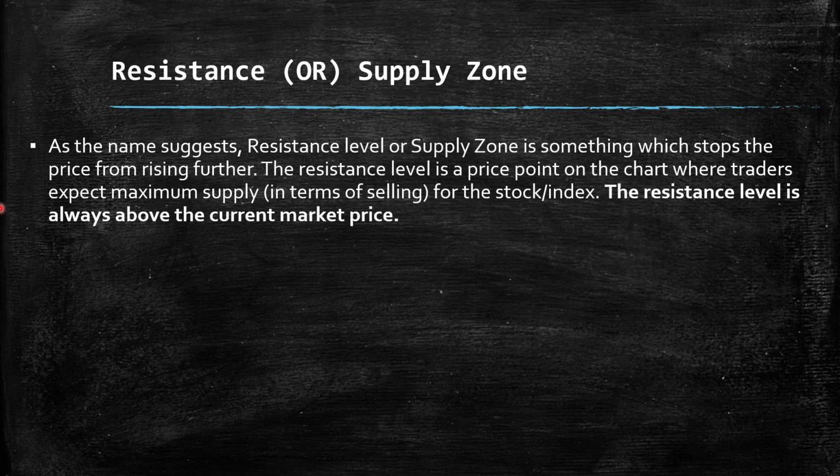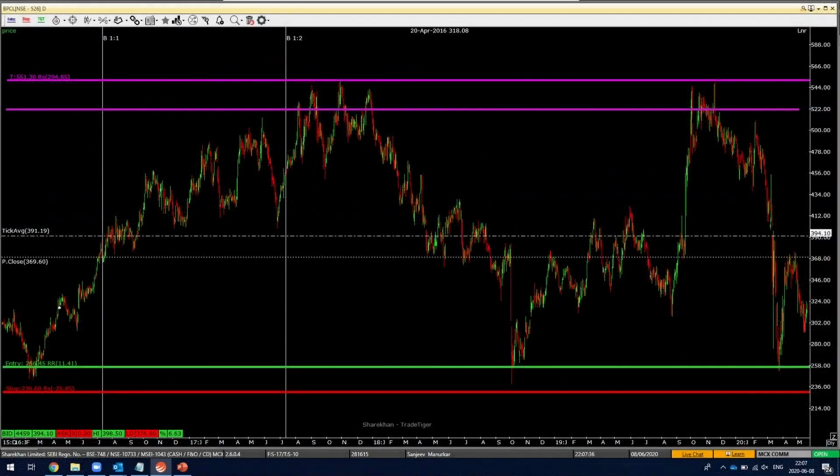The resistance level is a price point on the chart where traders expect maximum supply, or a lot of selling comes in for this particular share or the index, the moment the band is hit. The resistance level is generally above the current market price. So in the next slide, we will try to analyze how to identify a resistance.